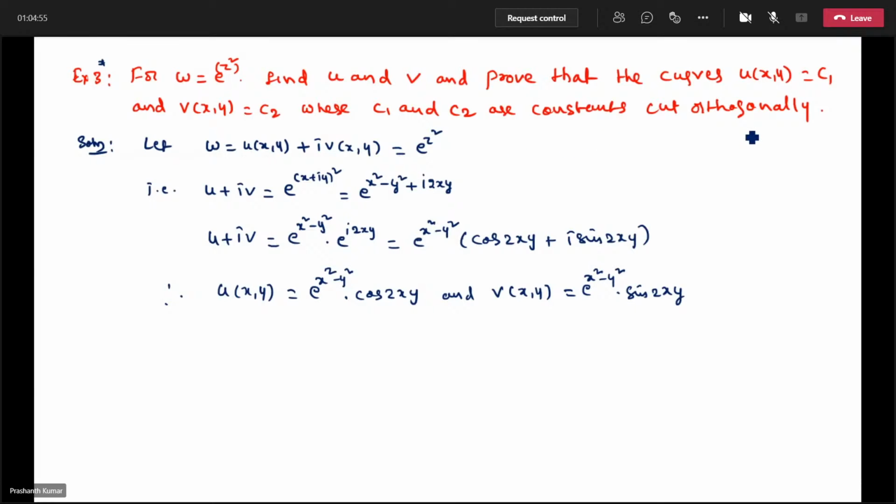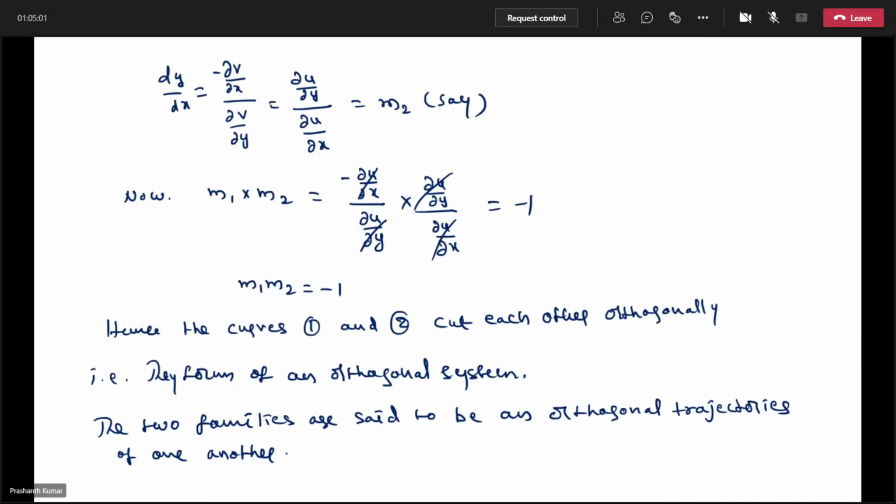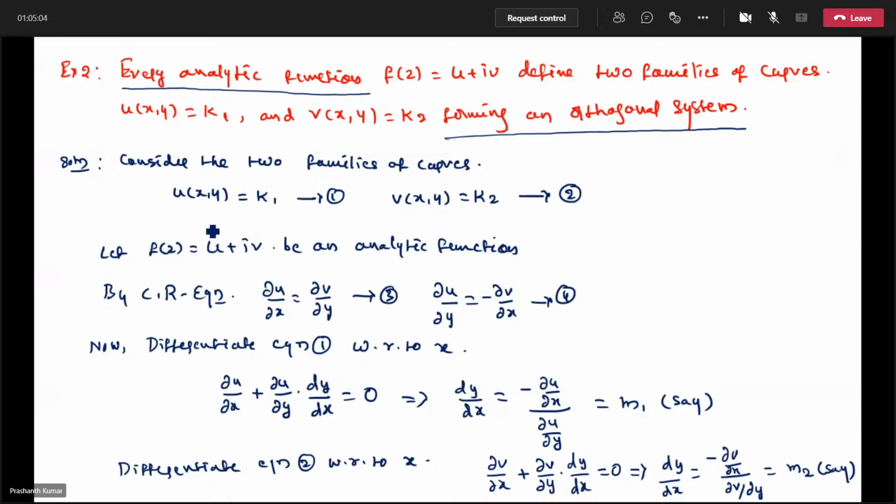In the previous problem, I am taking u and v from this u and v.